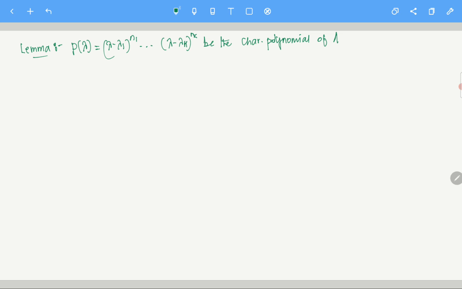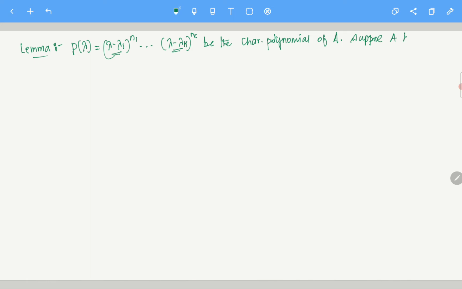So essentially what am I doing? I am starting out with A. I am looking at the characteristic polynomial of A. I have k eigenvalues, lambda 1, lambda 2, up to lambda k, with multiplicities n1, n2, up to nk. Clear?